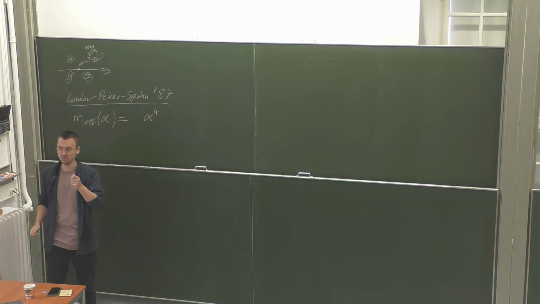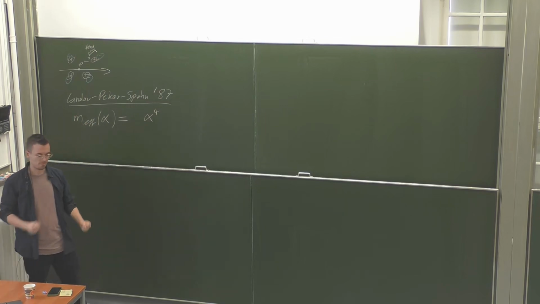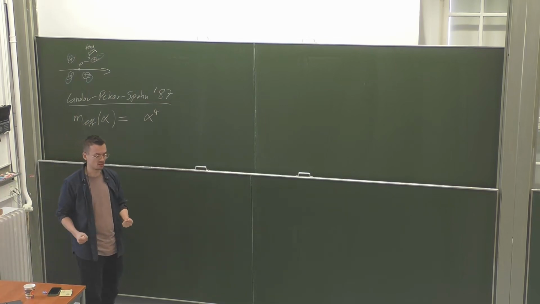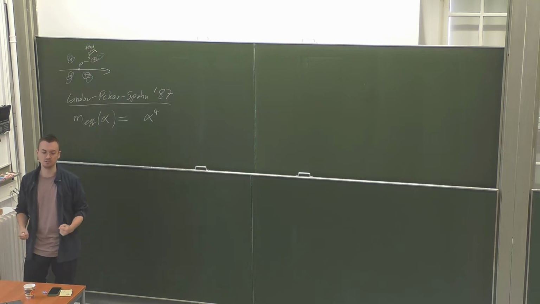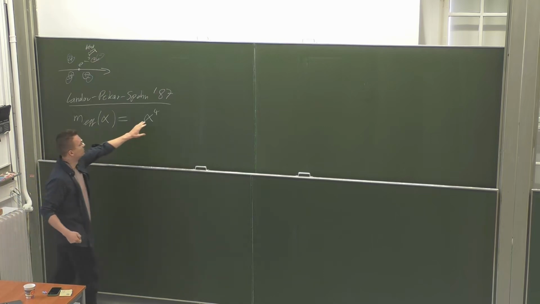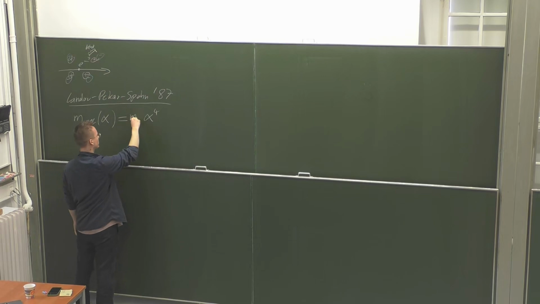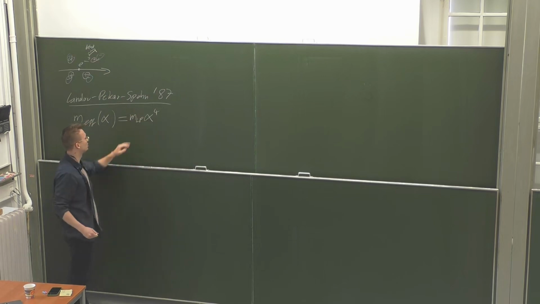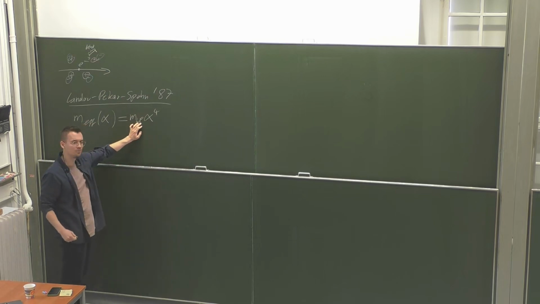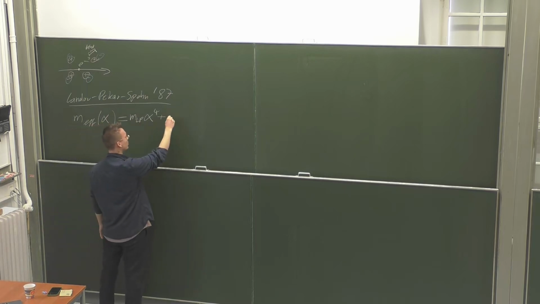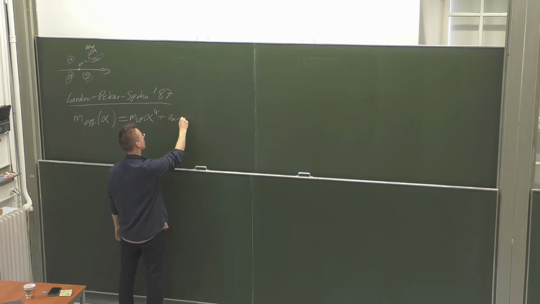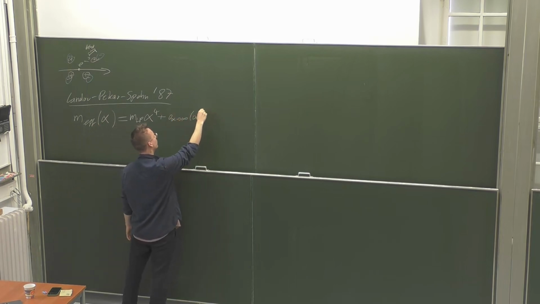So you see, as soon as you start increasing the interactions between your medium and your electron, your effective mass drastically increases. And it's not just the fourth order divergence. Actually, there is a precise constant, which I refer to as M_LP, LP of course representing Landau and Pekar. And then plus something that is subleading as alpha goes to infinity.